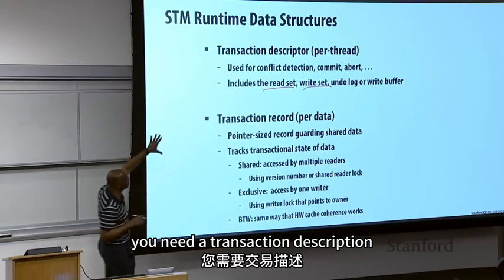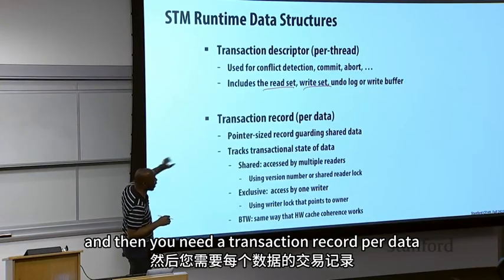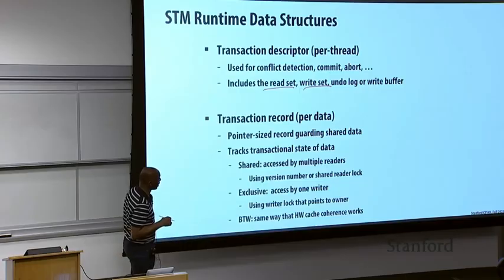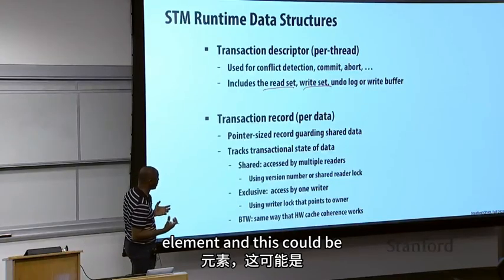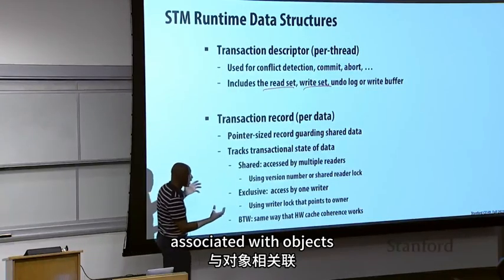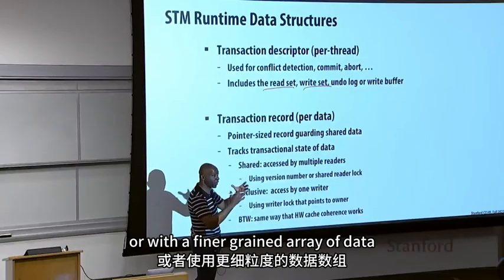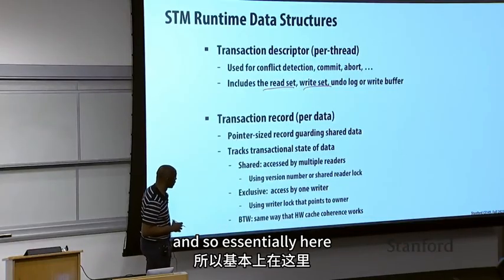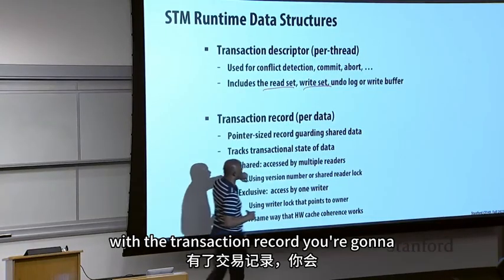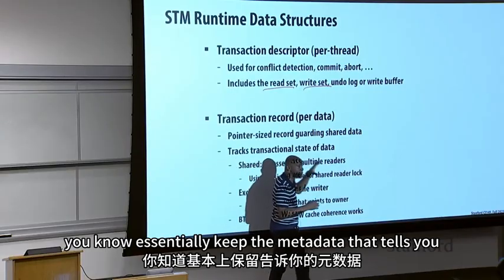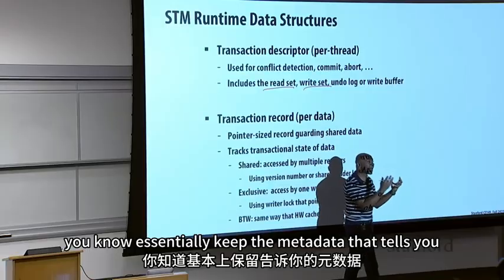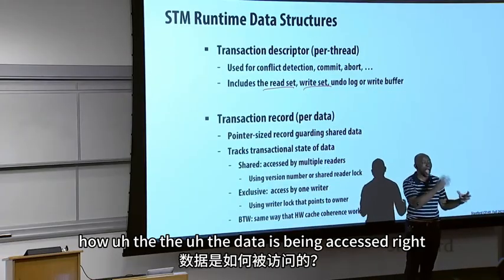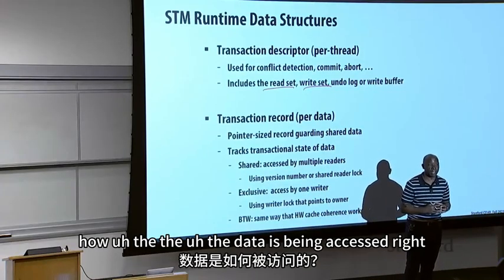You need a transaction descriptor, and then you need a transaction record per data element, and this could be associated with objects or with a finer granularity of data within the objects. Essentially, with the transaction record, you're going to keep the metadata that tells you how the data is being accessed.